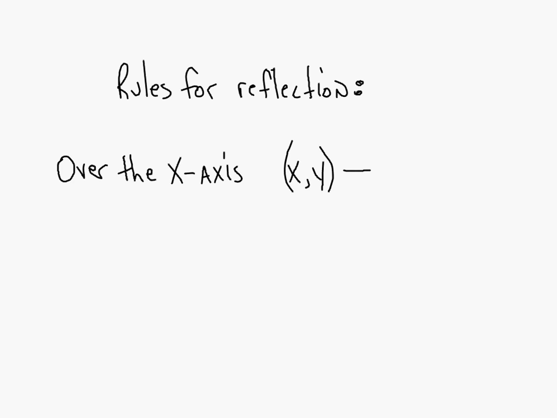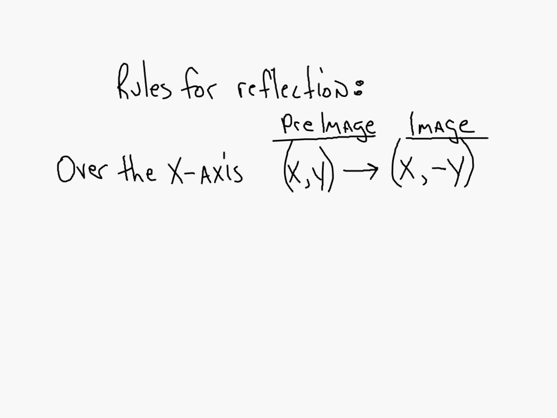When something gets reflected over the x-axis, its x's stay the same, and its y's become opposite. If you have to reflect a shape over the x-axis, you have your pre-image at x y, it gets reflected, the image is going to be at x, opposite of y.